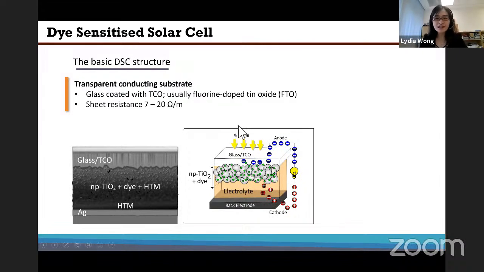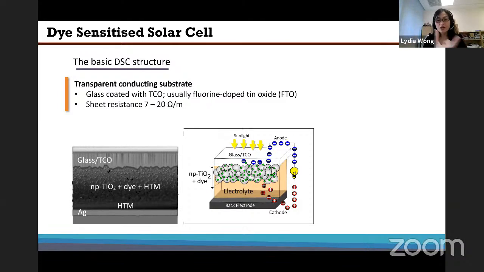Now, this material is very easy to make. Probably you can also do it in UI. I think Prof. Herman research last time is also in this area. So this dye-sensitized solar cell consists of a back electrode. Okay, so you start with the glass or the TCO material, and then you deposit a TiO2, titanium dioxide mesoporous structure, and then you immerse this into dye.